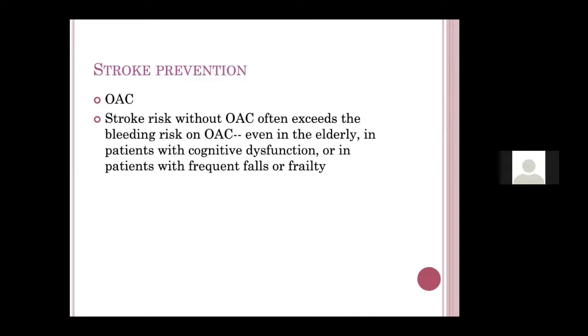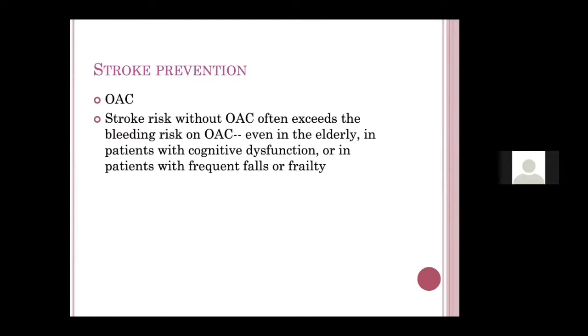So at present, in all the non-valvular AF, depending on the CHADS-VASc score, novel oral anticoagulation is the treatment of choice. Now they have become very cheap as compared to before, where we were not able to prescribe them, we can now definitely prescribe them. And stroke risk without oral anticoagulation often exceeds the bleeding risk.